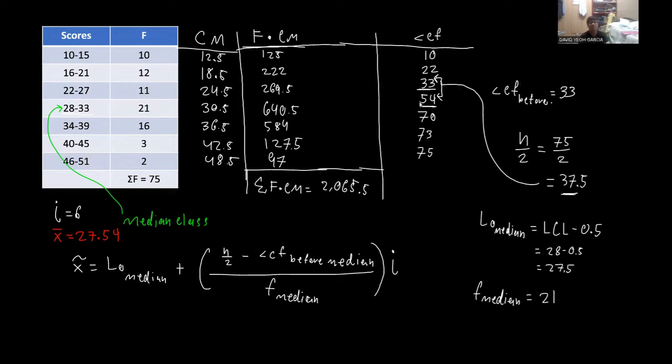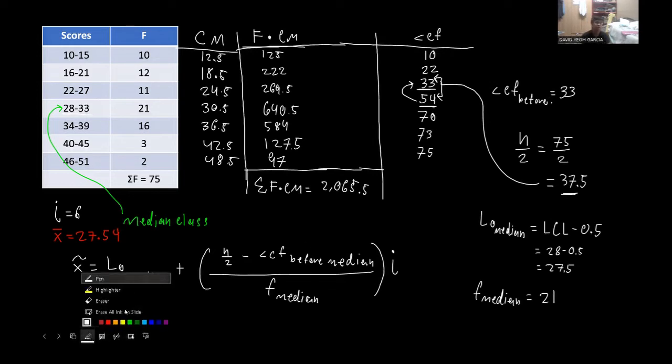Again, how did I locate this less than cumulative frequency before the median class? We used 54 as the largest value to locate the median class, which is 28 to 33. Now we locate it by looking at what's before it. What's before 54? It's 33. So therefore, the cumulative frequency before the median is 33.